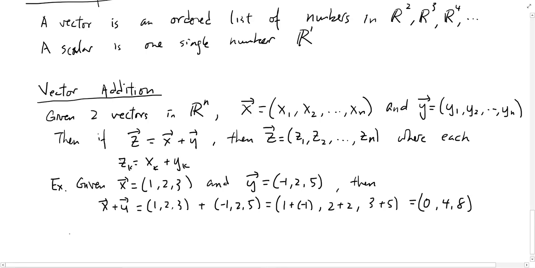So in this case, we'll say that vector addition is closed. Or another way to say it is that it has what we call the closure property.